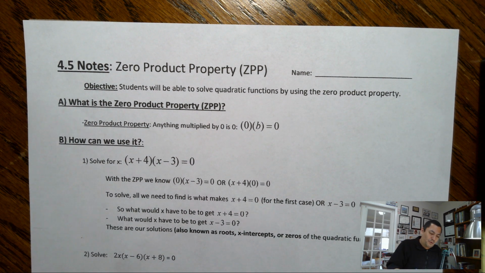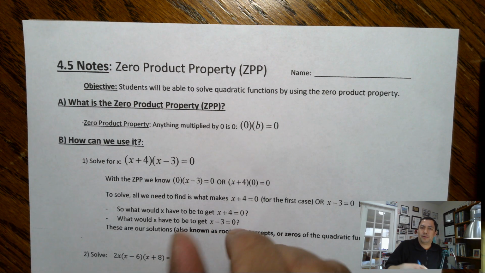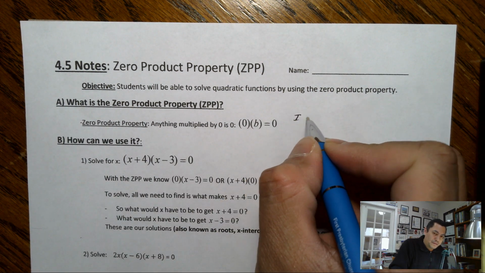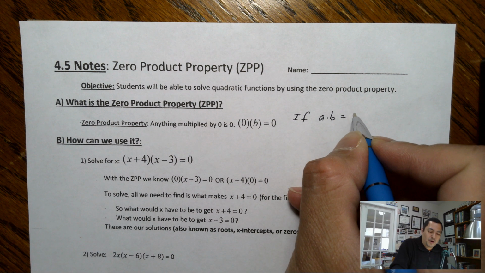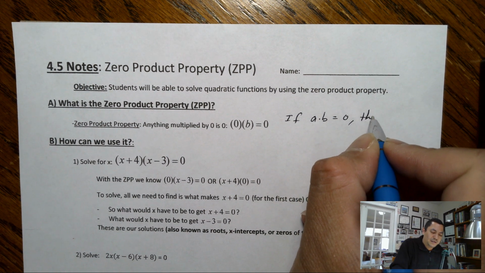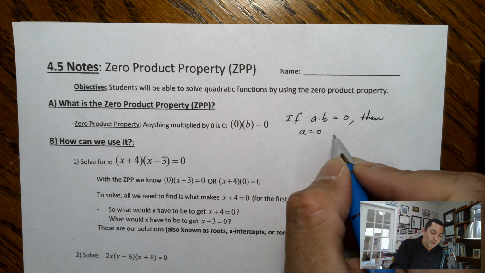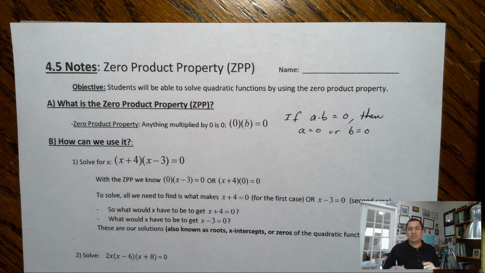For example, I have this property in a PowerPoint, but you can also find it in another form: if A times B equals 0, then A equals 0 or B equals 0.